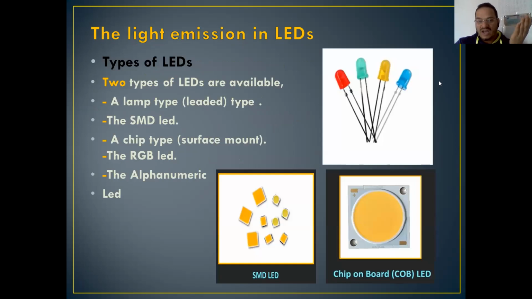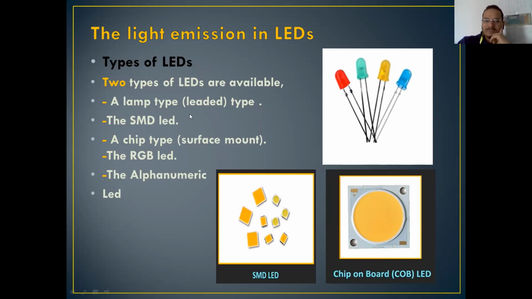We have many types of LEDs. The ordinary one, the normal one, we used in our bicycles in childhood. Two types of LEDs are available: lamp type and lighted type. Actually, not two types. We have many more than two types.